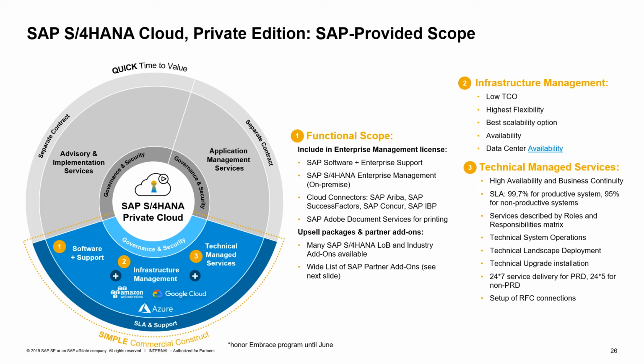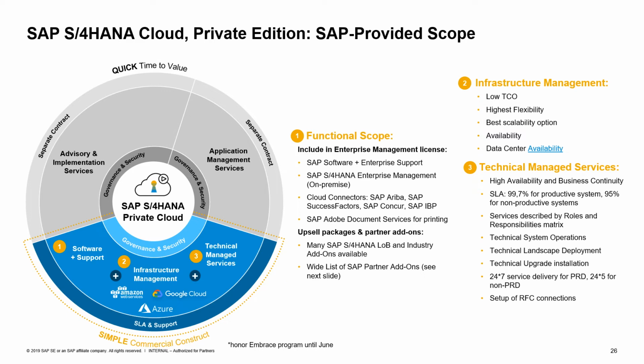When we look at the blue items on the bottom, let's blow that out a little bit and describe what's included. So this all is included with your subscription license with the material number. First of all is the functional scope. So this is the software and support. So included in the enterprise management or core license, you get the software and enterprise support.